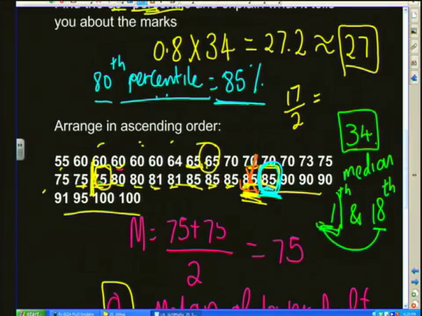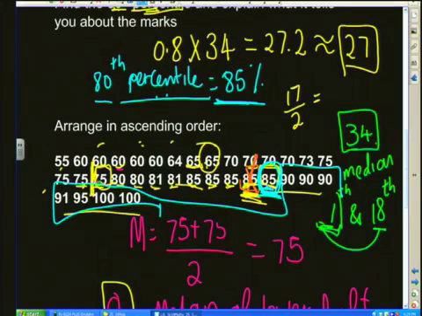So 80% of your marks were lower than 85%. Therefore, 20%, which is the remaining piece, is greater than 85. So put it in terms of people in your class, that means 80% of your class got less than 85%, and therefore the remaining 20% would have gotten a mark that's greater than 85%.